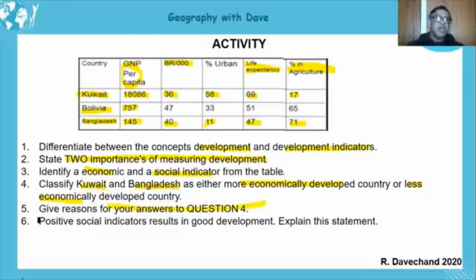I got one more here. A positive social indicator results in good development. Explain this. Of course, we're looking at the quality of life and the productivity of the people.